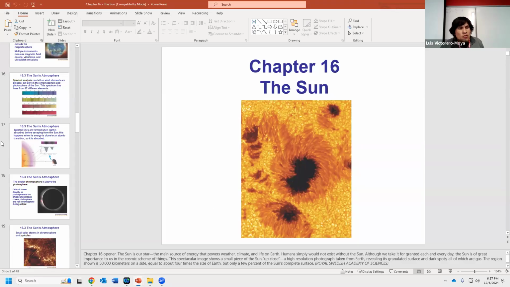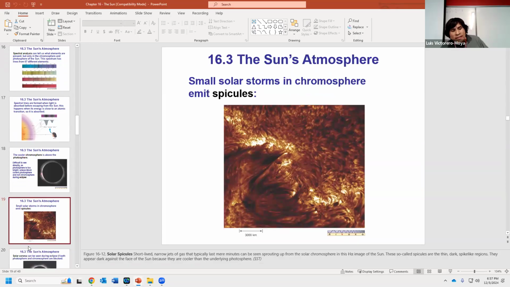Why do we care about sunspots so much? We care about sunspots because they tell us a lot about the magnetic field and the activity of the sun. You probably have heard about NASA or astronomers in general always tracking the number of sunspots that are happening on the sun in a given period of time.